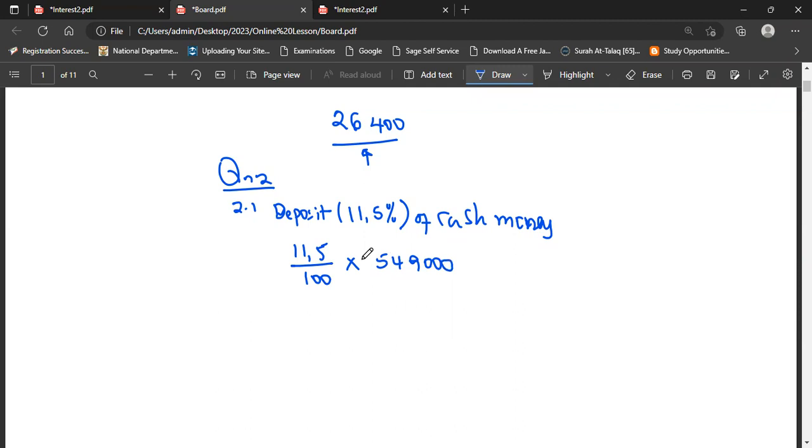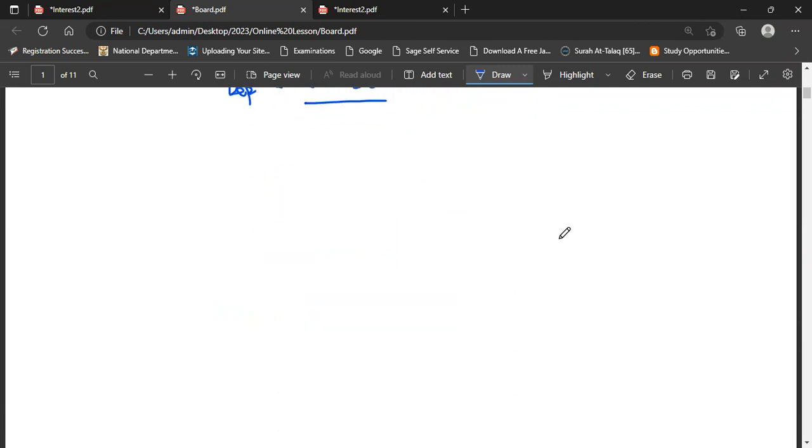So you say 11.5 over 100 times the cash price, and the deposit is supposed to be 63,135. Are we there? That was 2.1.